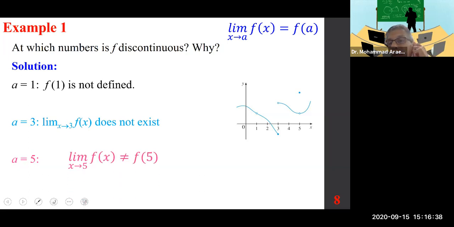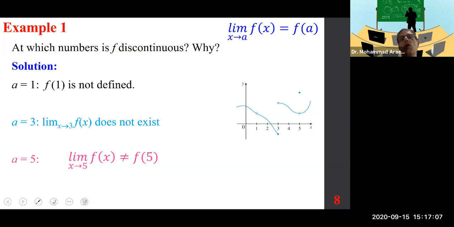The limit does exist, but it's not equal to the functional value. So this is important to understand. Those are three different cases, okay? Again, one of them, the functional value is not given to us. One of them, the limit is different from the left and right, so the limit doesn't exist. One of them, the limit exists, the functional value exists, but they are not identical.